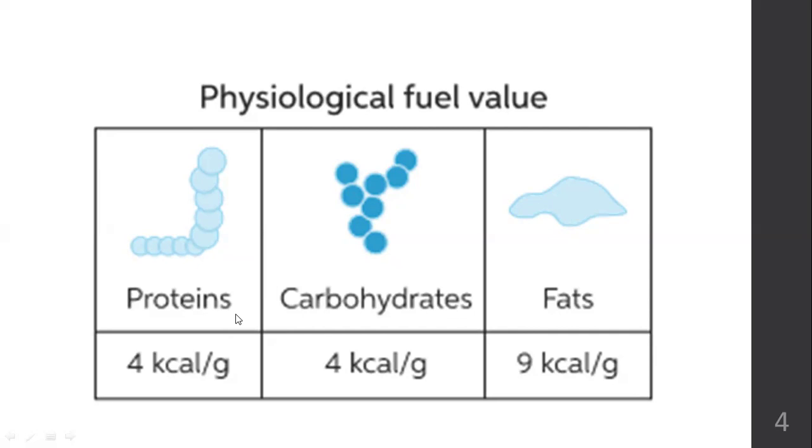Some part of it is lost in digestion, especially if you're having a lot of fiber rich food. Fiber won't allow your intestine to get at these macronutrients easily. They will get trapped in the matrix of your fiber, and leave your body as they are. Keeping those things into account, we keep the physiological fuel value in this range.